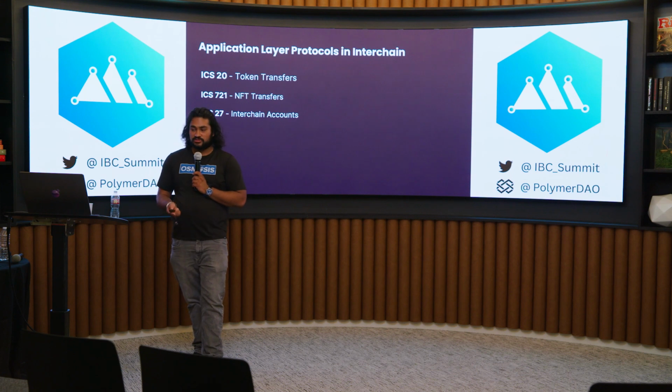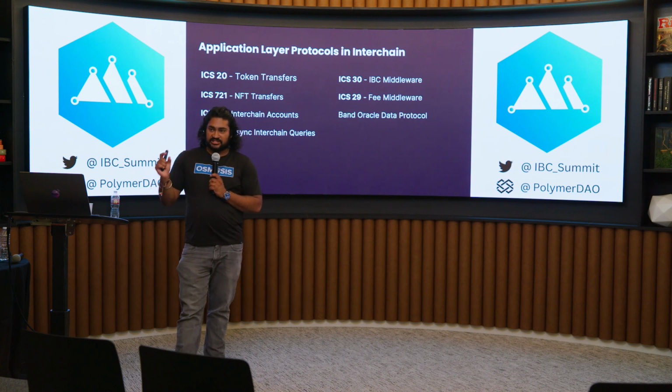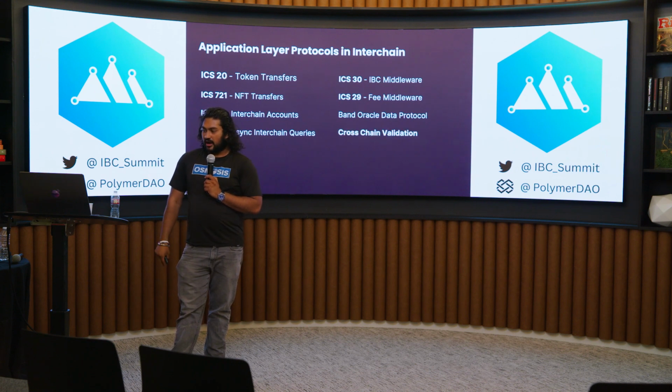You have interchain accounts, interchain queries. You have IBC middleware. You have fee middleware. You even have custom application-specific IBC protocols. The Band team made a custom IBC protocol just to broadcast their Oracle data over IBC. And then you have cross-chain validation, which is used in things like ICS on the Cosmos Hub.